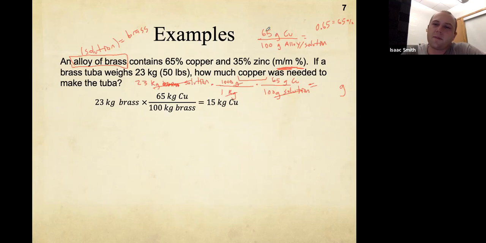Or because 65 grams of copper, since the mass percent is 65% copper, then really if you just multiplied this number by, we're looking at kilograms. Yeah.